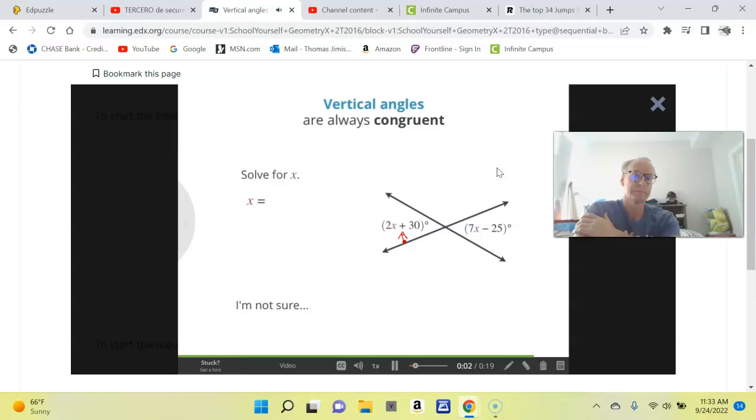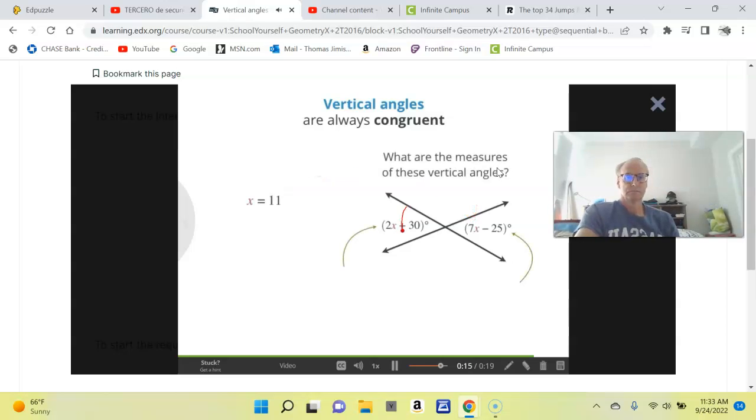Nicely done. You set these two expressions equal to each other and found that x equals 11. So finally, let's double check your answer. Try plugging in 11 for x in both of these expressions and make sure you get the same measure for both of these vertical angles. This one is going to give us 22, because 11 times 2 is 22, plus 30 makes 52.